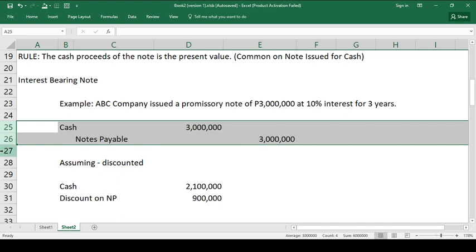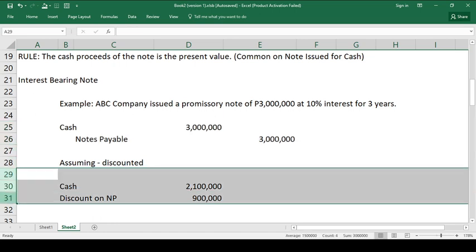Okay? Itong pangalawang entry ko, the issuer of the note agreed to the, yung magbibigay, sa creditor side, na nag-agree siya with the creditor na ibawas na lang yung interest. Okay?